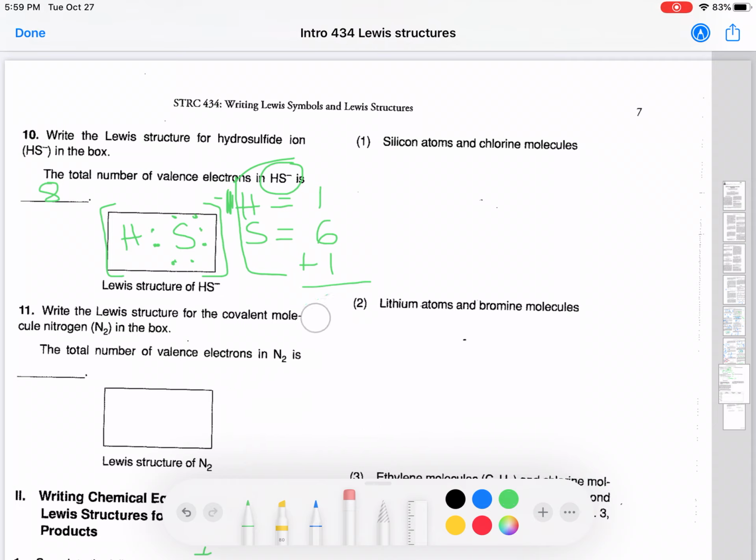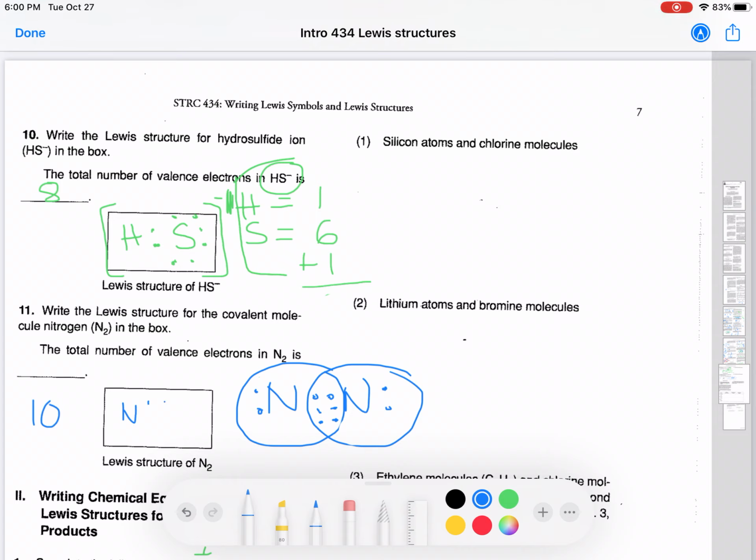So what's going to happen is you take one of these lone pairs and make another bonding pair between the nitrogens. Now if you count, each nitrogen has 8 electrons. So that would be the Lewis symbol for nitrogen. Between two nitrogen atoms, there is a triple bond like this. The number of valence electrons in nitrogen is 10, and there is a triple bond between the two nitrogen atoms.